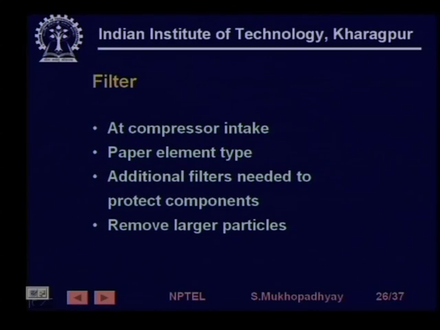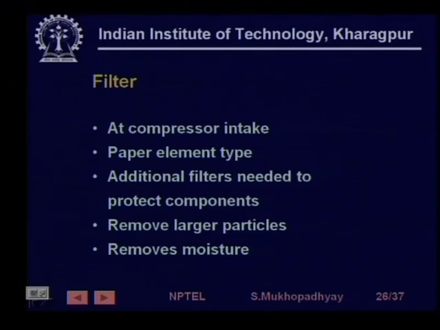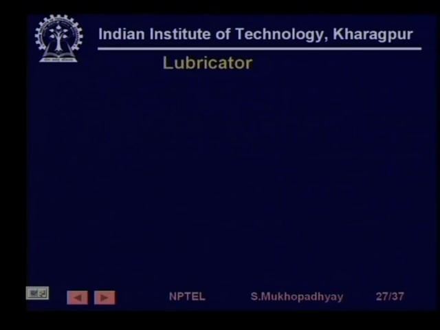It removes the large particles, and it also removes moisture, because particulate matter and moisture create a very sticky mix which leads to all kinds of problems like increased friction and sticking. The term stiction actually comes from that. The static friction may increase substantially unless moisture and particulate matter are removed.